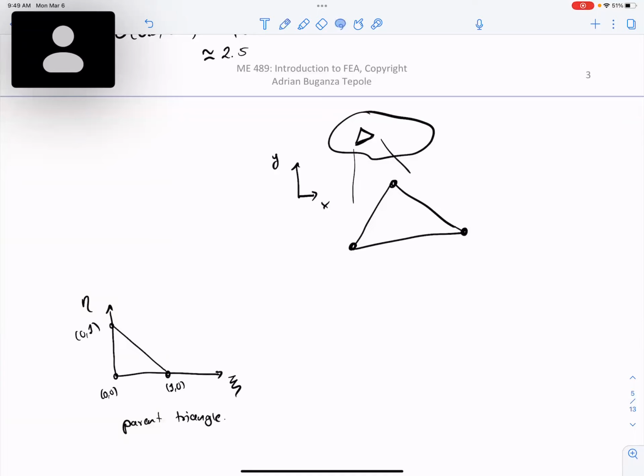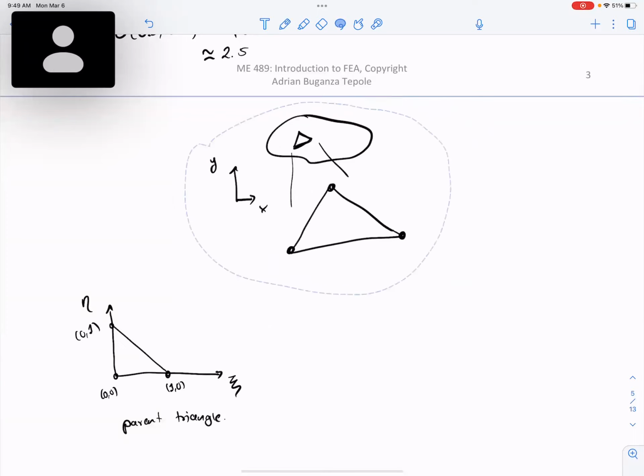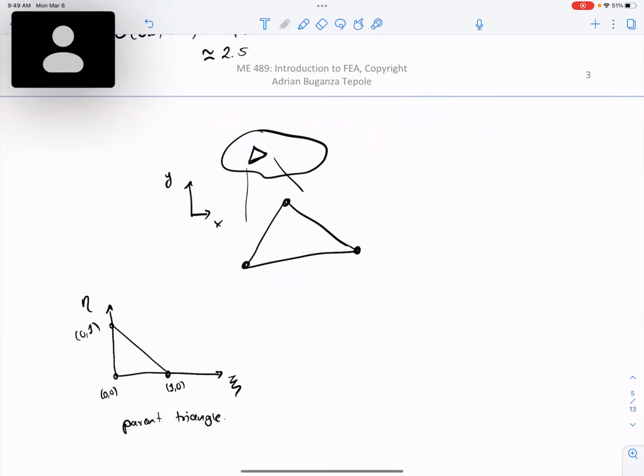Let me move this to the side so that I can show the analog. So in 1D, similarly, I had some X and an element here. And then we had the Xi, and here we always had -1 to 1. And then we wanted to build that map.